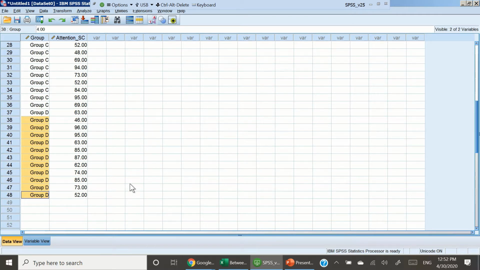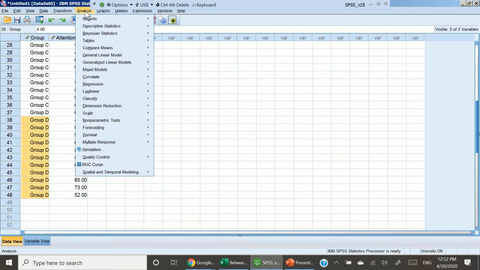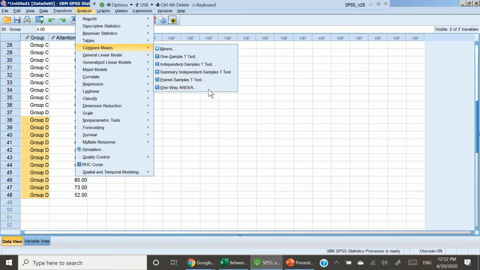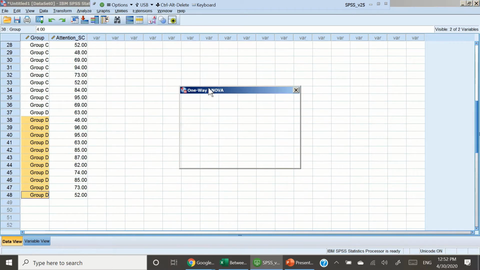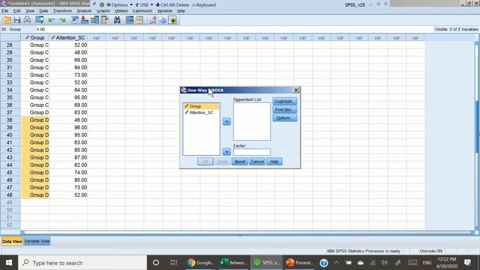Now let's go to analyze, then compare means, and then one-way ANOVA. The dependent list in this case is the dependent variable, so that's the attention score, and the factor is the group.